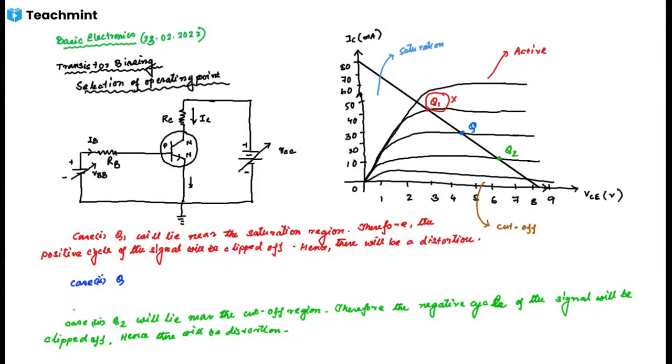So it will lie in the active region. Then it is also in the middle of the active region.